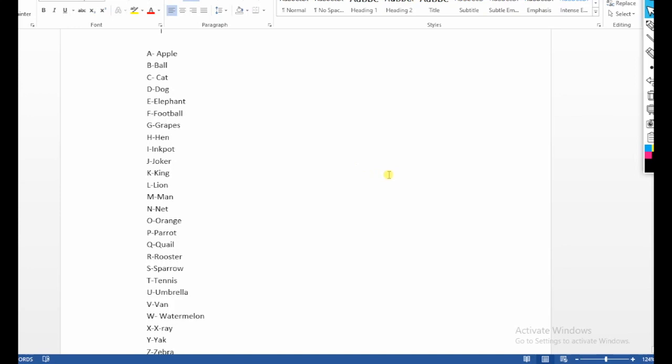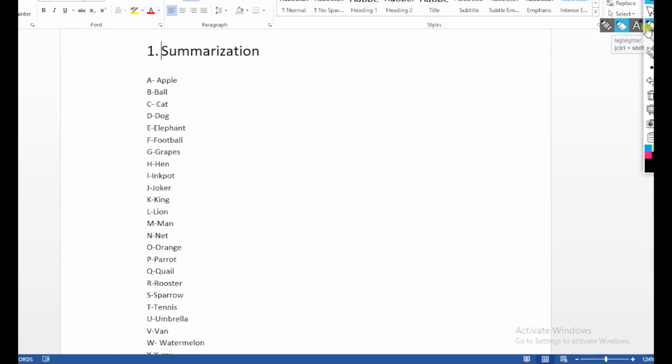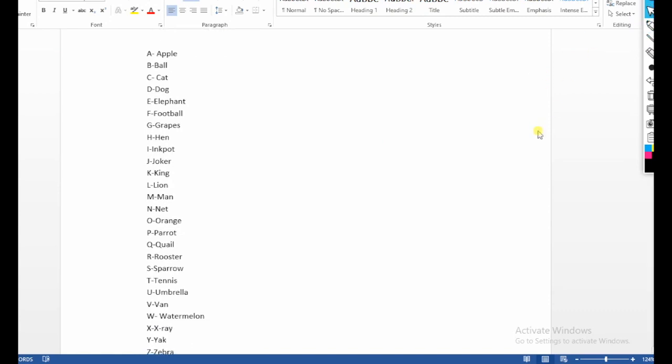Here you can see the first term, apple, and another variable related to apple, that is orange, and the third, watermelon.